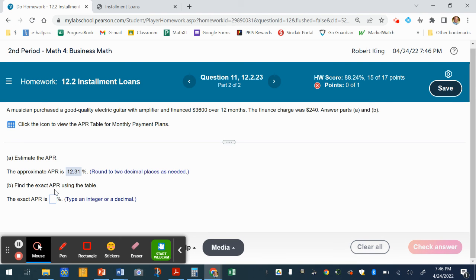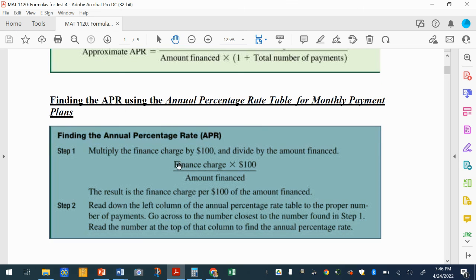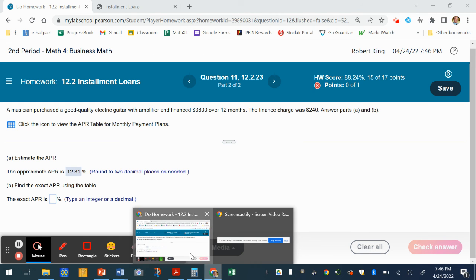And then to get the exact APR, again, looking at our formula, here's the exact. We take the finance charge times 100 divided by the amount financed. Or you can do the finance charge divided by the amount financed and then multiply that answer by 100. It doesn't really matter exactly what order you do that in.